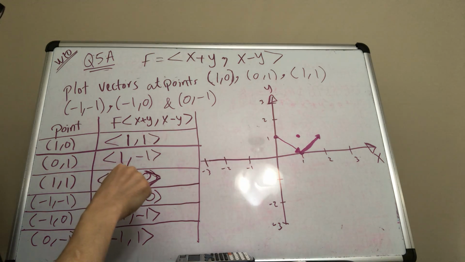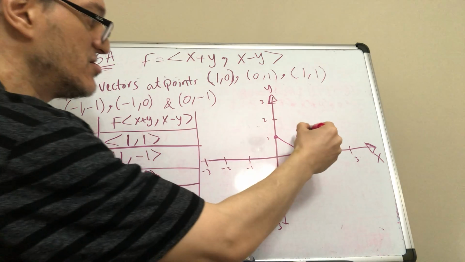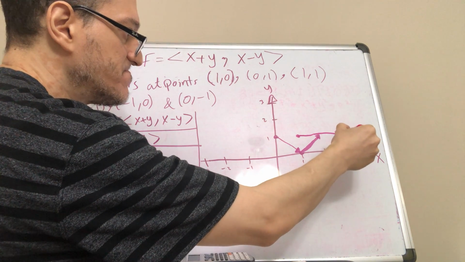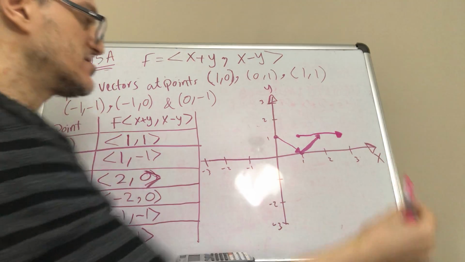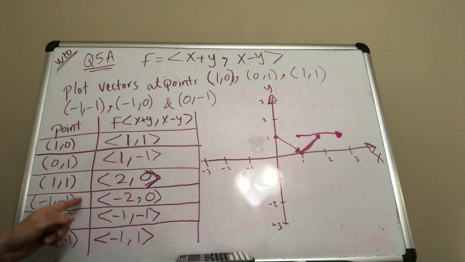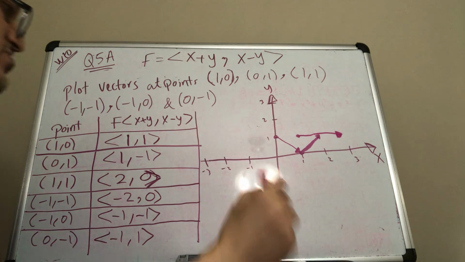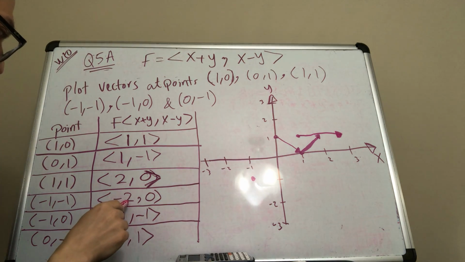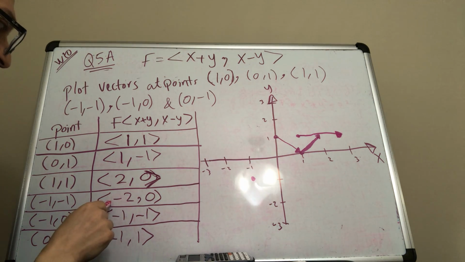You go right 2, and that's it. Then this one, negative 1, negative 1: you go left 2, and that's it.